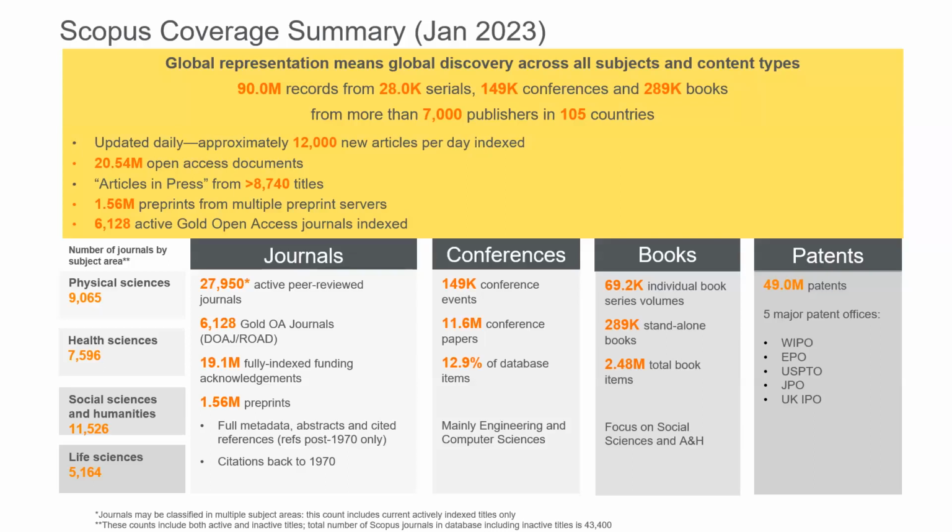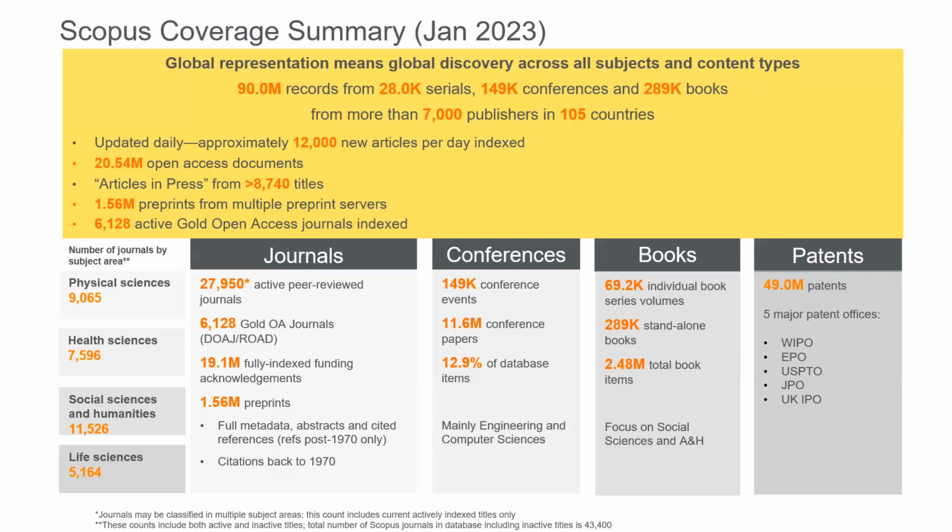As you know, Scopus is a comprehensive database. It can be divided into 4 main subject areas, and they are physical sciences, health sciences, social sciences, and life sciences. It means that Scopus is beneficial for all researchers, no matter what their subject area fields are. For the type of publication, it can also be divided into 3 types.